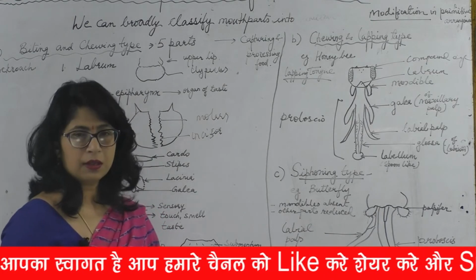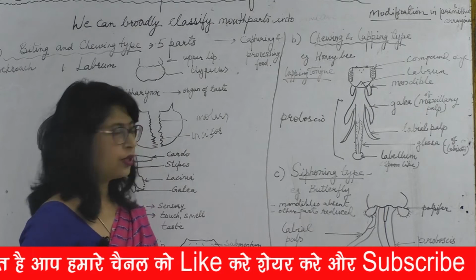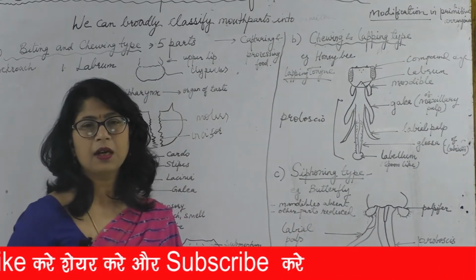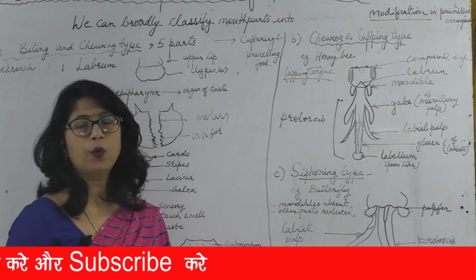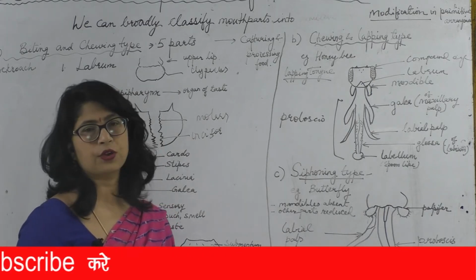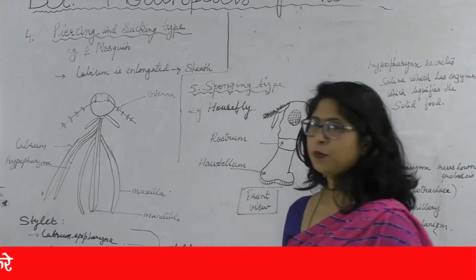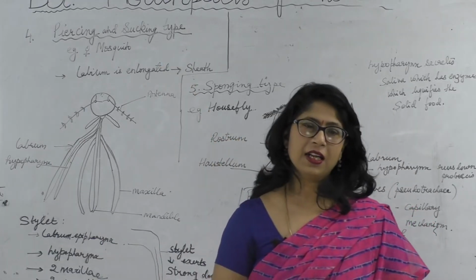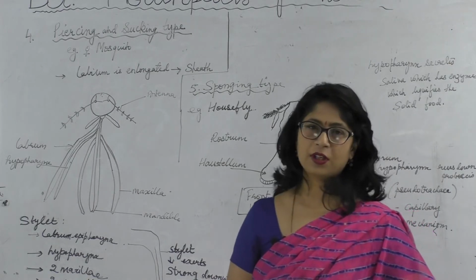When the structure is not in use, it is coiled up under the head in the form of a watch spring-like structure. The fourth type of mouthpart is piercing and sucking type, and it is found in female mosquitoes.